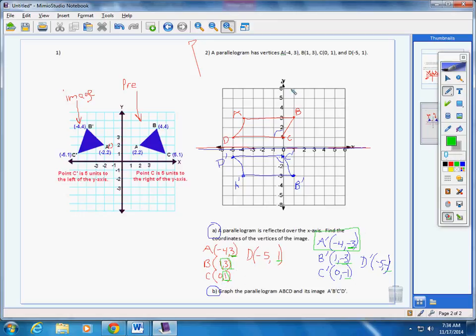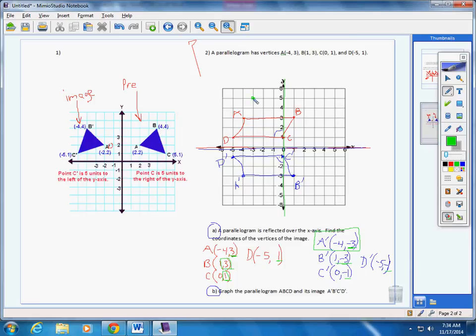Now, we're not going to do it now, but if you were asked to flip a figure over the y-axis, so that would mean making your y-axis your line of symmetry, you could also do this in one of two ways. You could either count from where your original point was to your line of symmetry and count the same amount in the other direction and plot your point. Or, since we're moving across the y-axis, you can multiply your x value by negative 1.